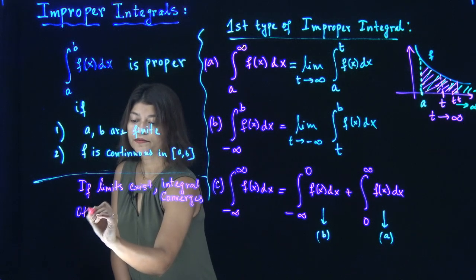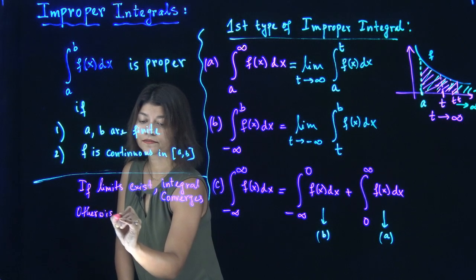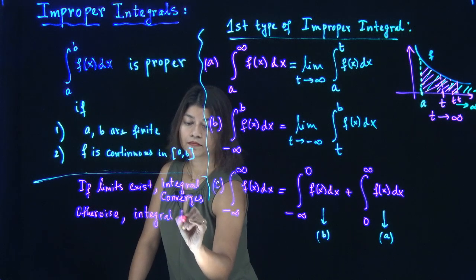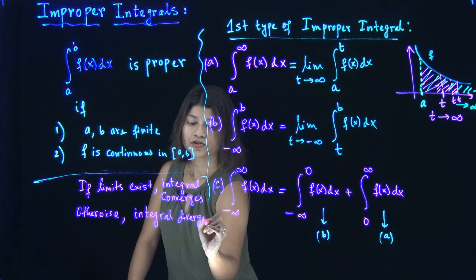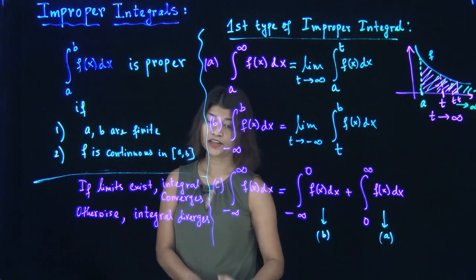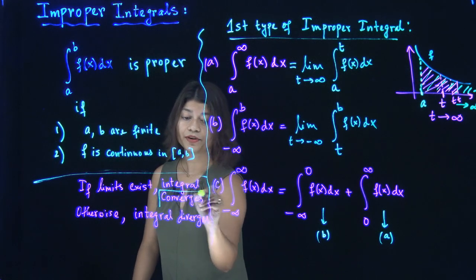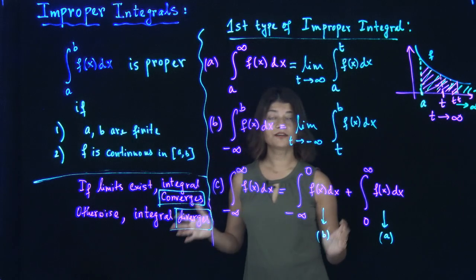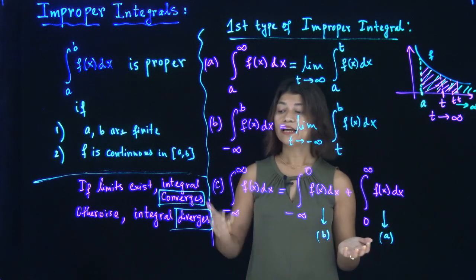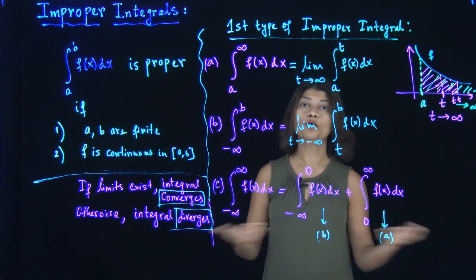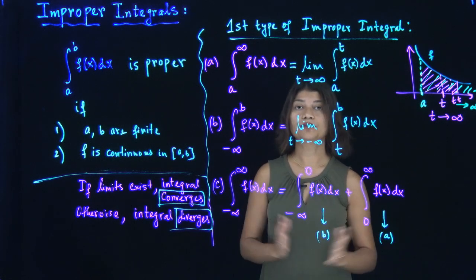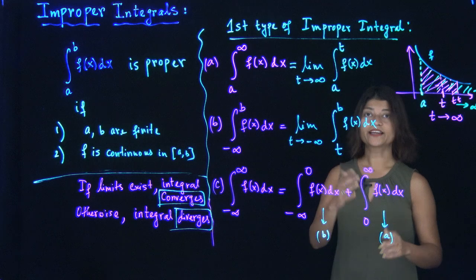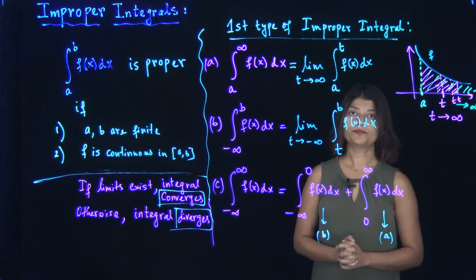Otherwise, if the limit does not exist, we say the integral diverges. These are the terms that we are going to start using now, and you will see later when we do series, you will use these same terms there. So always remember, converges means a finite value, and diverges means infinite or no area in this particular case. Okay, so this is the first type of improper integral, and in the next video we'll talk about the second type of improperness.